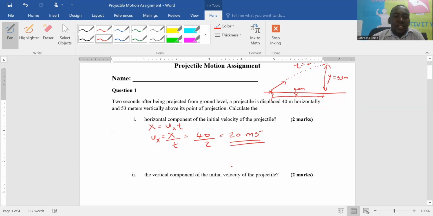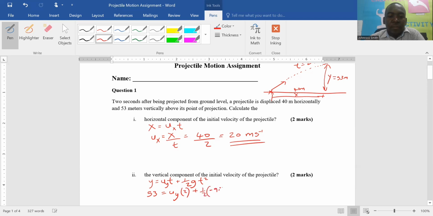Then we look at the initial velocity in the Y component. How do we find that? We know that Y is equal to UYT plus half GT squared. We know Y is 53, UY is unknown, T is 2 seconds, plus half of G, which is negative 9.81, times T, which is 2 seconds, squared.